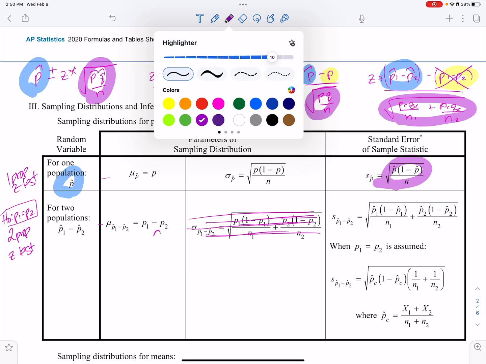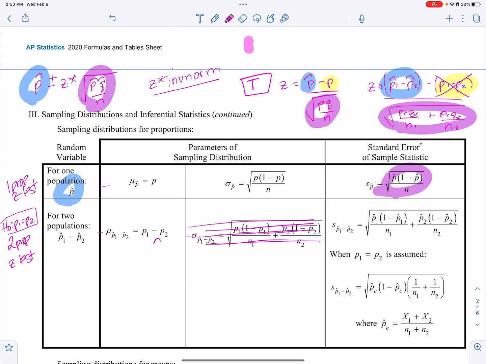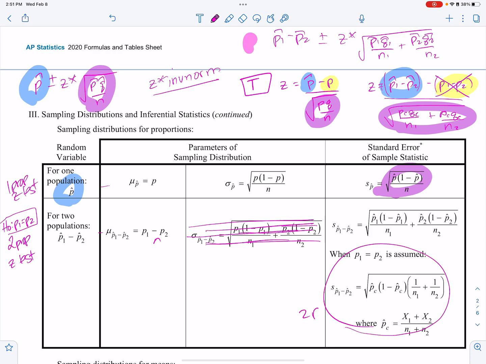All right, and the second one, for my 2-prop Z interval, is going to be P1 hat minus P2 hat plus or minus Z star, times the square root of P1 hat Q1 hat over N1 plus P2 hat Q2 hat over N2. So same thing. Remember, we used this one for my 2-prop Z test. This one was for my 1-prop Z test.